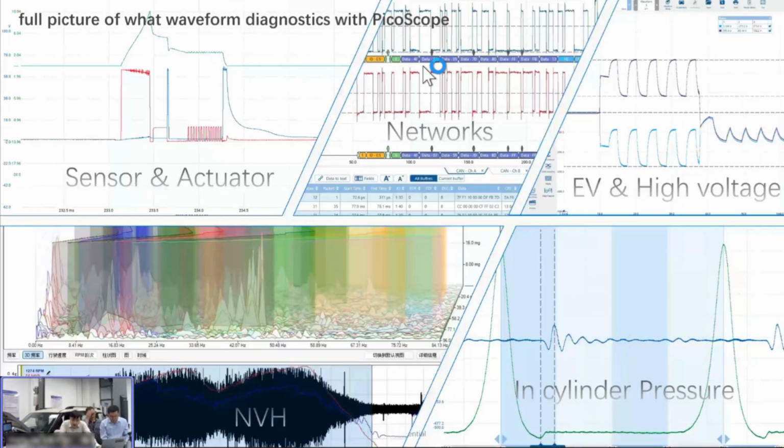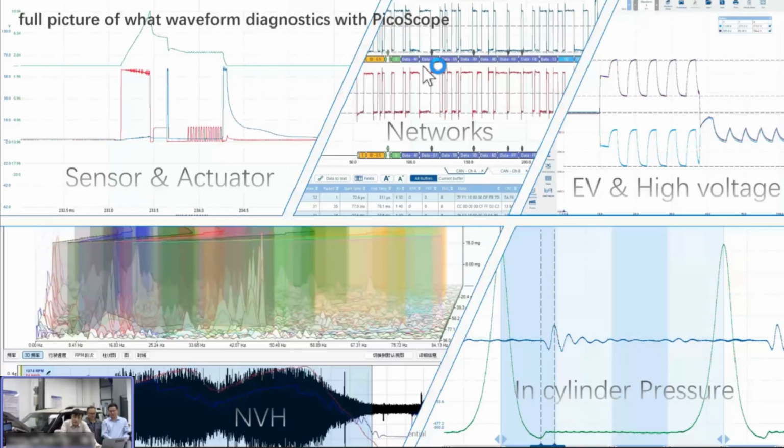The third area, and I know some of you are wondering about this, is high voltage EV diagnostics. A lot of people ask me, can PicoScope really be used on high voltage systems? The answer is yes, absolutely it can. But you need to understand the principles and the safety requirements before you connect anything.